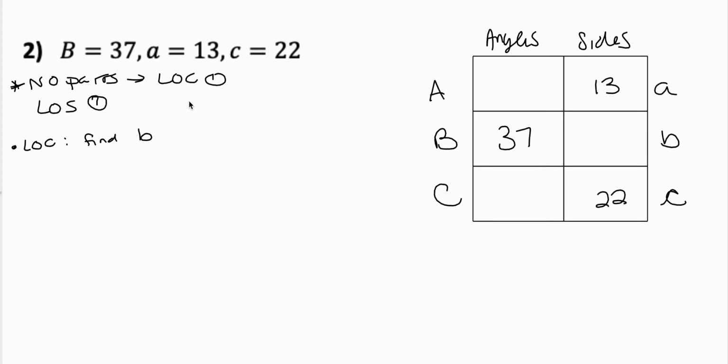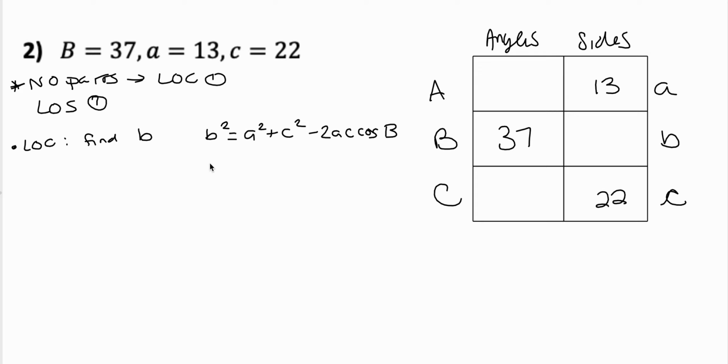To find a side length, since I'm finding b, the formula is b squared equals a squared plus c squared, very similar to the Pythagorean theorem, minus 2ac cosine of big B. Then we're going to plug all of this in, and we can use our calculator for this.